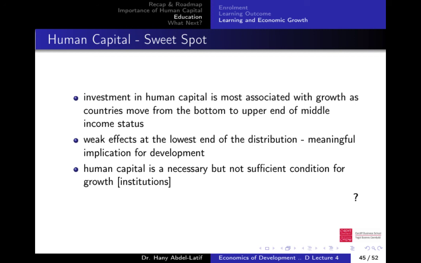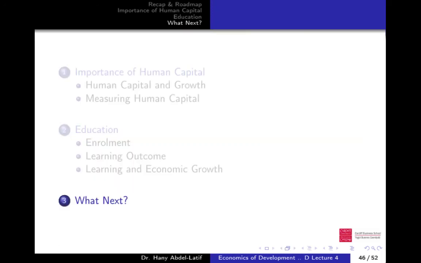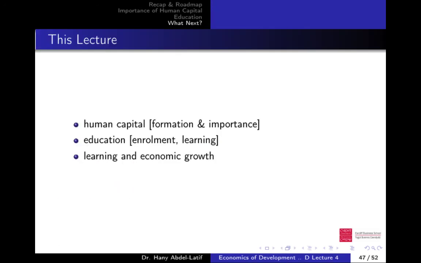From all we said in the second half of the lecture, we all agree that learning is different from enrollment. What is more important is learning. We had very recent evidence from the World Bank showing that learning is strongly associated with economic growth.